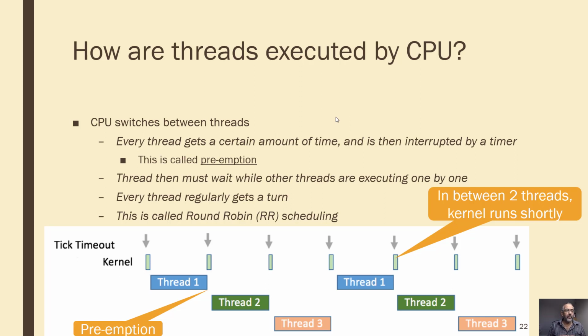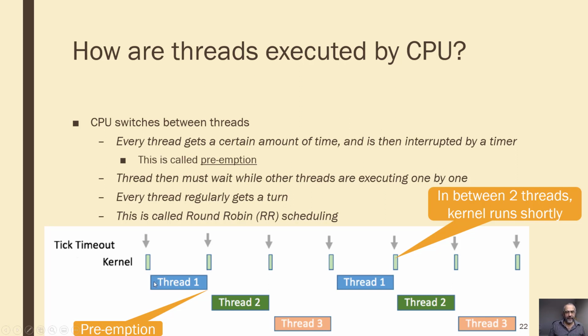That's what we call round-robin scheduling. You can see it here in this diagram in the bottom. So here is a situation where we have three threads, thread 1, 2, and 3, and they are executed one by one.